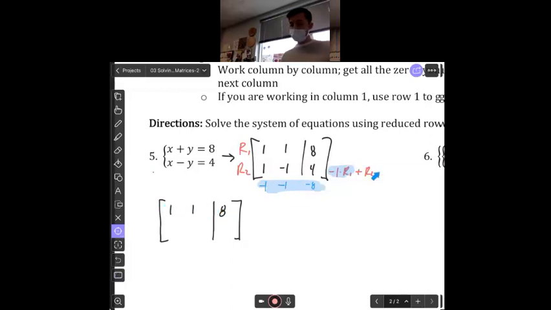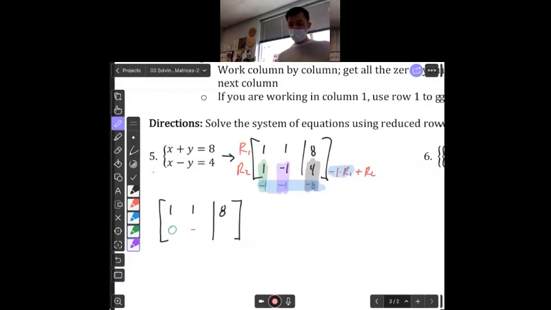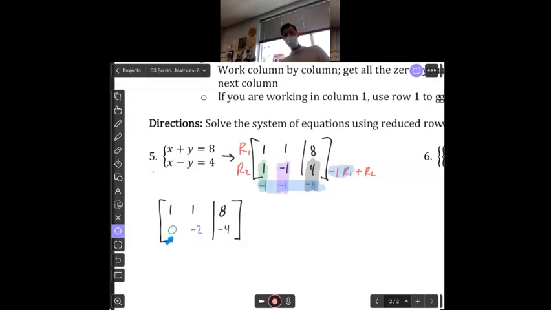But now I want to add it to row 2. So now I need to do these additions. 1 plus -1 is 0, and -1 plus -1 is -2, and 4 plus -8 is -4. So I got the 0 that I wanted.